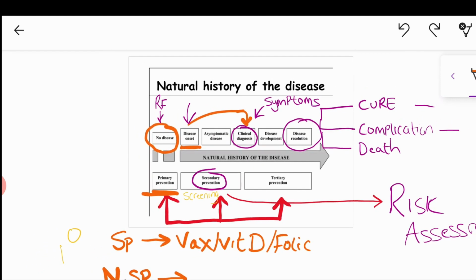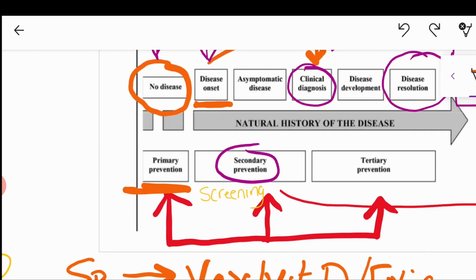Now, the natural history of disease. This is one of the big benefits of epidemiology and what it can bring. If we know the cause and distribution of a disease, we can use this in terms of primary, secondary, and tertiary prevention.